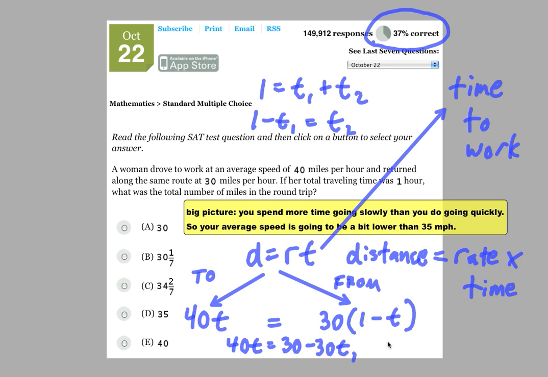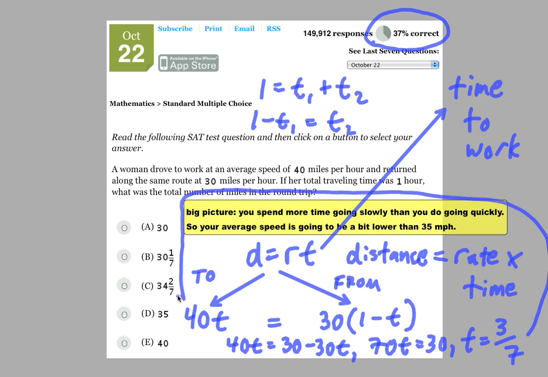And then we're going to get 70t equals 30. Right? And then we're going to get t is equal to 3/7. Okay. Now if you take that 3/7, right, and you plug it back into the original 40t, there we go. Okay, then you will get the answer.